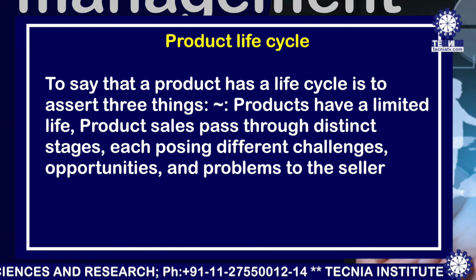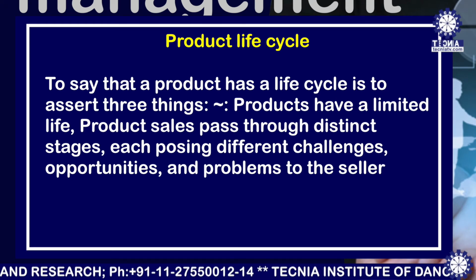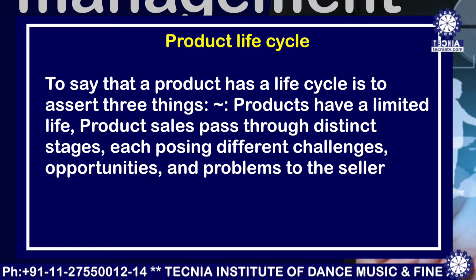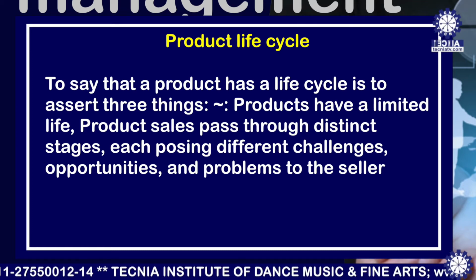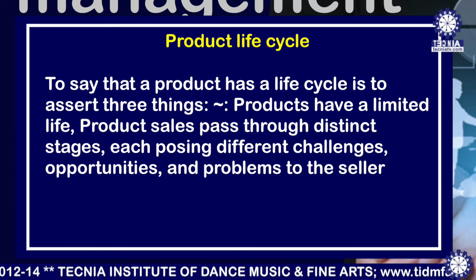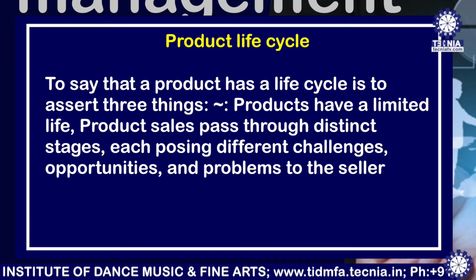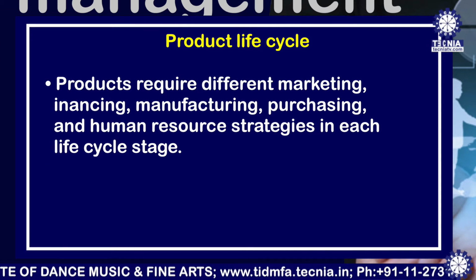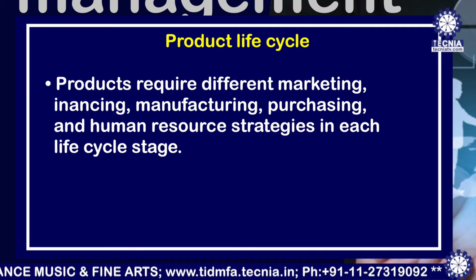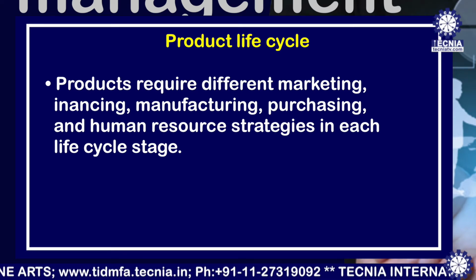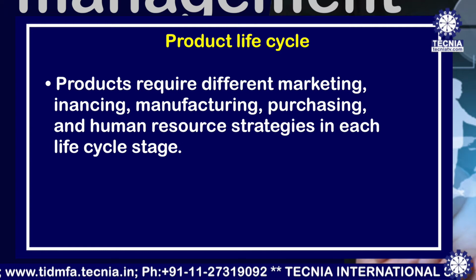To say that a product has a life cycle is to assert 3 things. 1. Products have a limited life. 2. Product sales pass through distinct stages, each posing different challenges, opportunities and problems to the seller. 3. Products require different marketing, financing, manufacturing, purchasing and human resource strategies in each life stage.